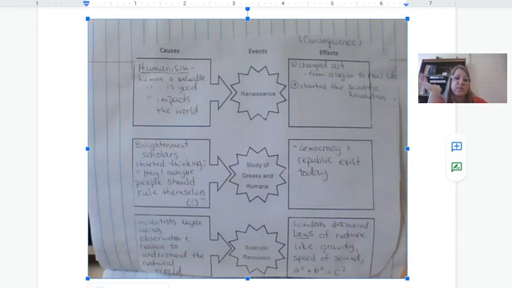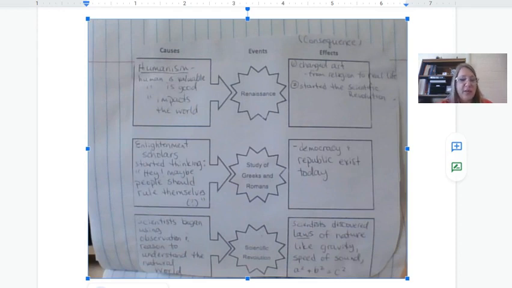So this leads to them studying Greek and Roman books and authors. And the effects of this is a change in government from monarchies to democracies and the republics that we see today.